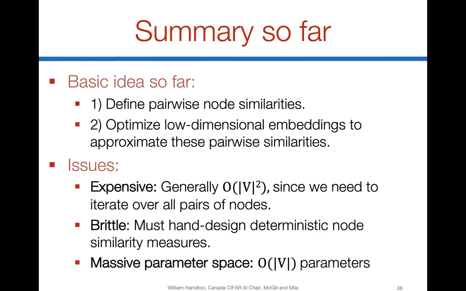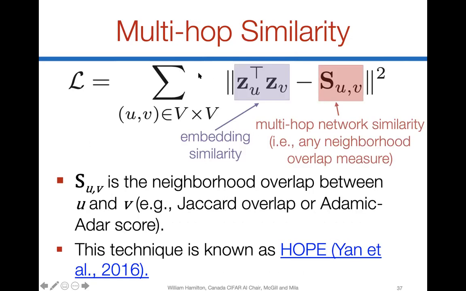So the basic idea so far is that we've defined these pairwise node similarities, and then we're trying to optimize low dimensional embeddings, right? So what we're trying to say is, give me low dimensional embeddings so that the dot product between the embeddings for node U and V should approximate the overlap between their neighborhoods in the original graph.